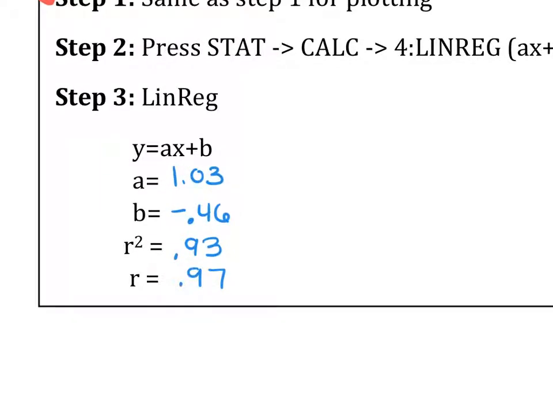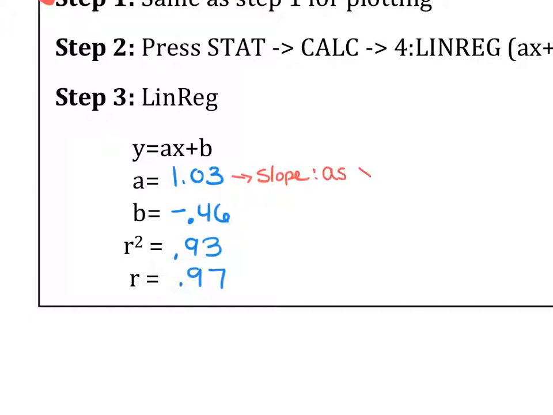Okay, so from this, the a and the b value are telling us our slope and our y-intercept for our linear regression equation. So a, again, is the slope. And this means as x increases by 1, your y values increase, because it's positive, by 1.03.